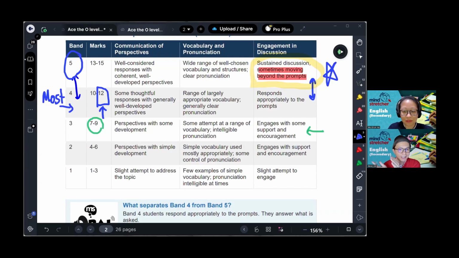So even if you can speak very well by the third question, as Mrs. Shum said, because you have warmed up, what happens is that it still falls under this category because it engages. Yes, now you're very engaged, but it's after some support and encouragement. Do you understand?